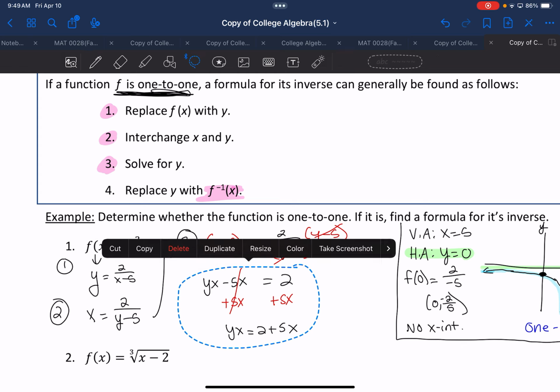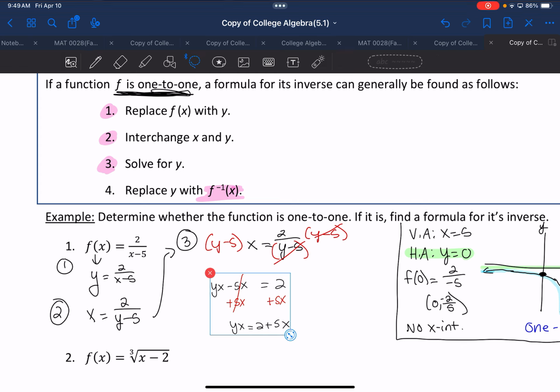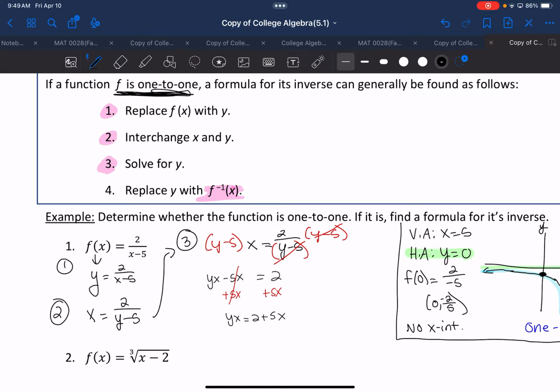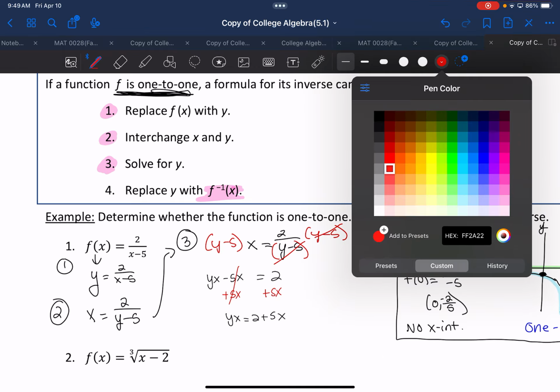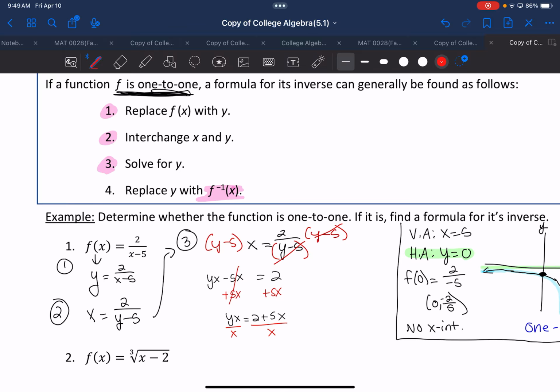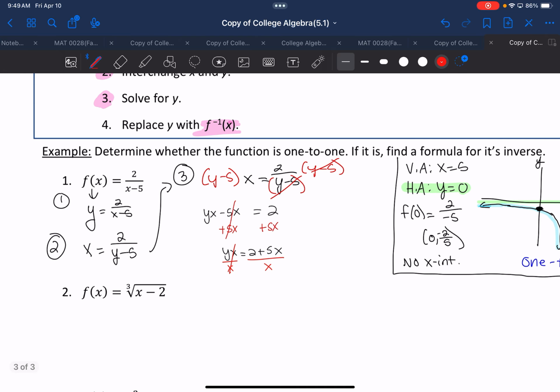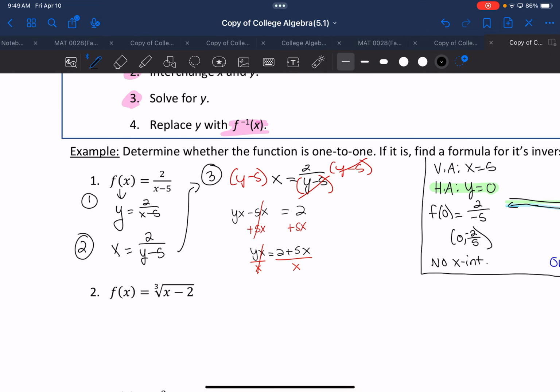And then finally, I could just divide by x. Cancel it on the left. And so that will leave me with y equals 2 plus 5x over x. So I've gotten y by itself.